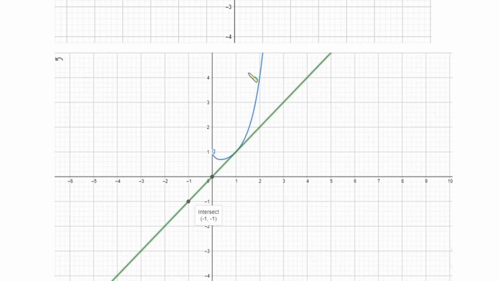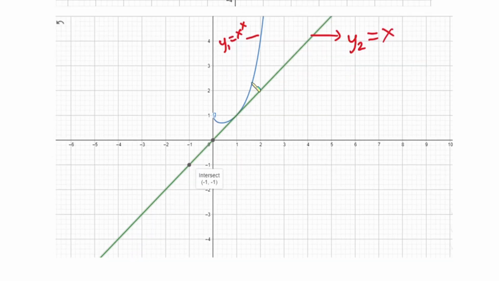Okay, now if we put everything together, we have this. Okay, and this line is y1 equals x to the power x. Okay, and this is y2 equals x. Now, if you look on this graph very carefully, you can see that these two lines intersect at this point, that is 1 and 1.